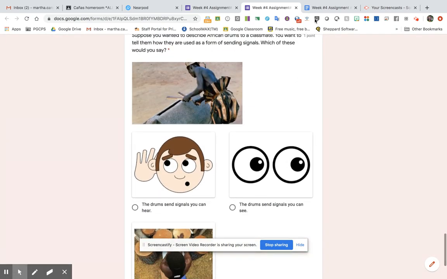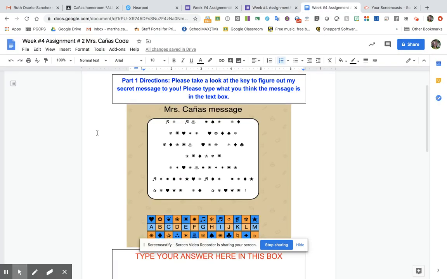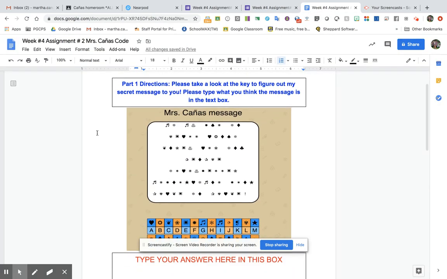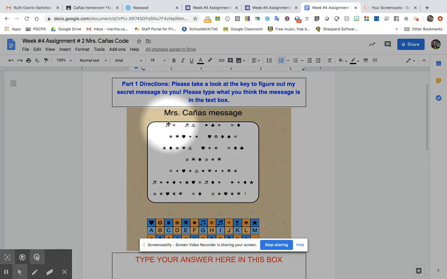Your second assignment is called Miss Kanye's Code. Let's read the directions. Part 1, directions. Please take a look at the key to figure out my secret message to you. Please type what you think the message is in the text box. So here's my message. Let me show you. This is one word, 2, 3, 4, and so on.